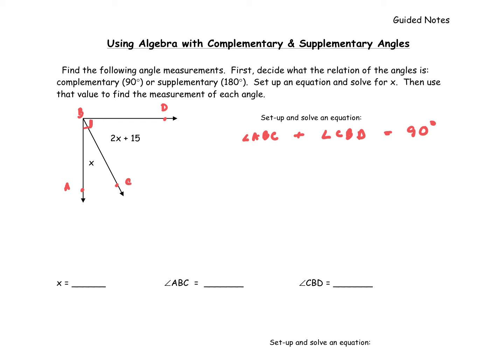So here's what they give us for angle ABC. They just gave us x. And for angle CBD, they give us 2x plus 15. And altogether, that should equal 90 degrees.